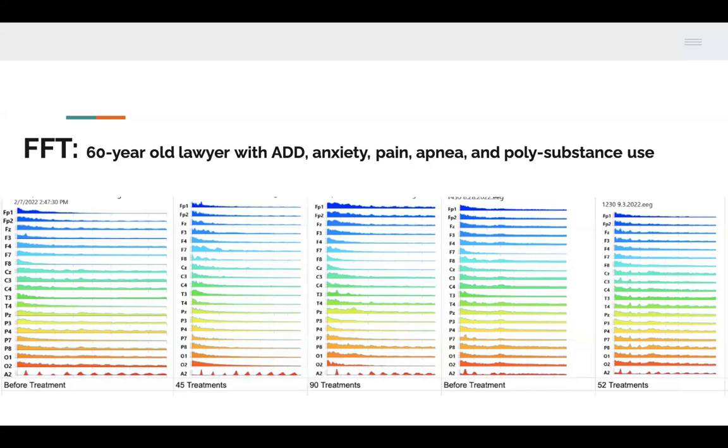So for instance, in this person, even though the map did not change, he felt fantastic. He came back for another 9 days to do 52 treatments. What was interesting, though, when he came back is we repeated the brain map to get a baseline. And I was so surprised that he actually had a small alpha band.